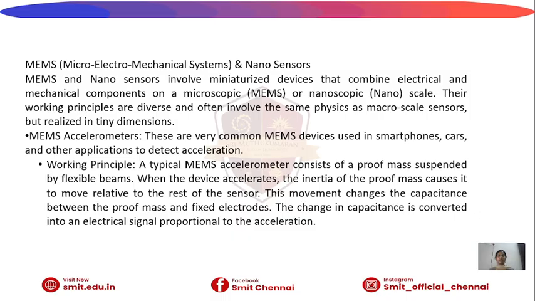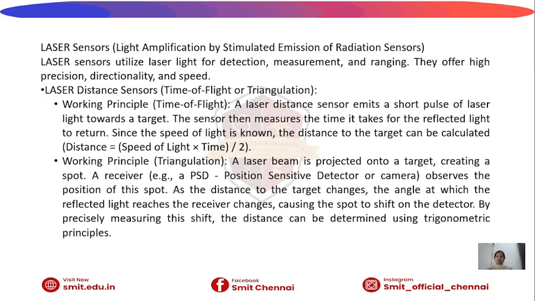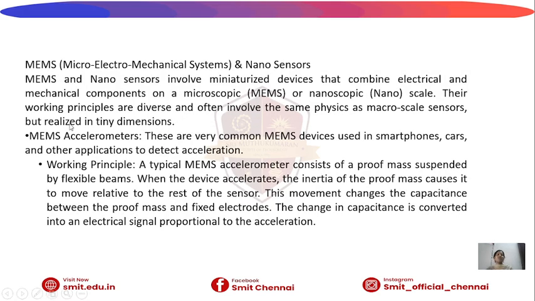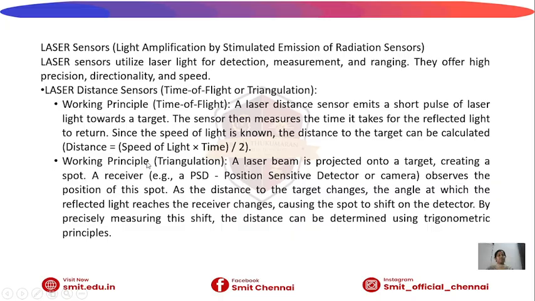That output quantity may be capacitance, not resistance. In an accelerometer the output will be a capacitance. The electrical quantity is measured in the form of capacitance, right? Which is proportional to acceleration. The capacitance is proportional to acceleration. So this is one example for a MEMS sensor, that's all.